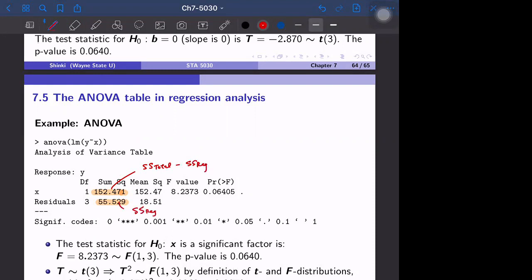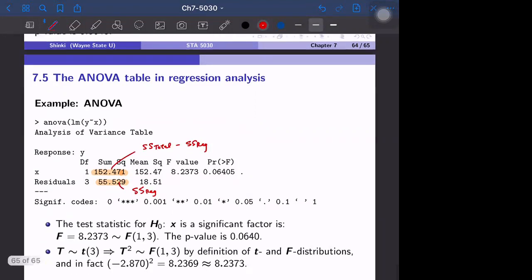Then we can do the so-called F test. We divide these numbers by their degrees of freedom to get the mean squares. Then we take the ratio, get 8.23, and assume that this follows the F distribution with df 1 and 3. Then we get this p-value.